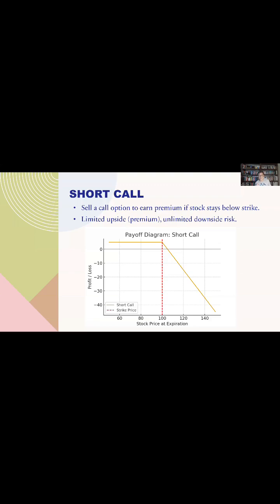Now, if the security starts going above the strike price, then I start losing money. As it continues to go up, as soon as it eats away into what I got paid from the premium, then I start losing money on that call. And the issue here is that I can lose money as high as that security goes. So it's almost unlimited.